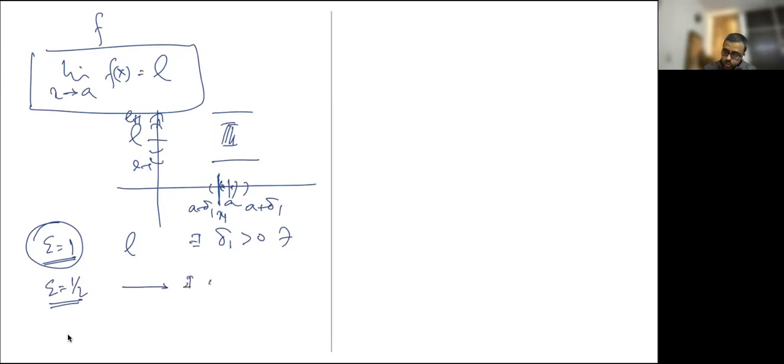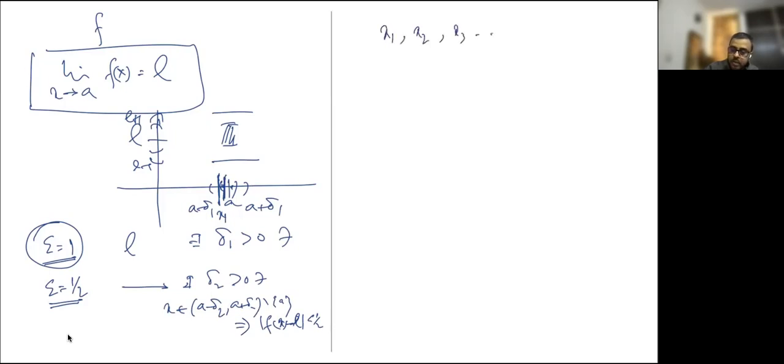Such that x belonging to (a minus delta 2, a plus delta 2) minus {a} would imply |f(x) minus L| is less than half. So now pick an x2 from this interval. This way you keep picking x1, x2, x3, etc. These will all be in the domain of f.